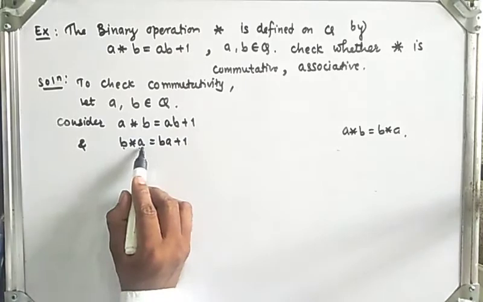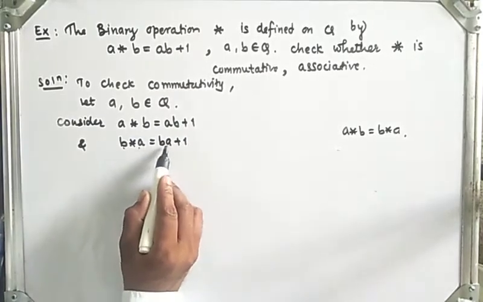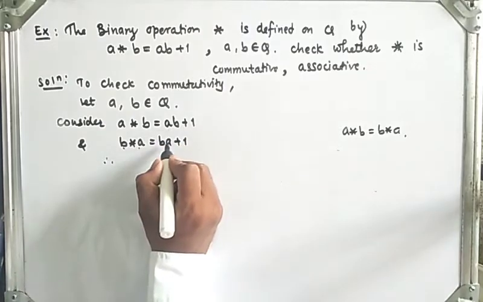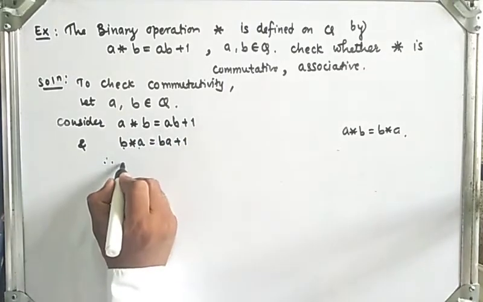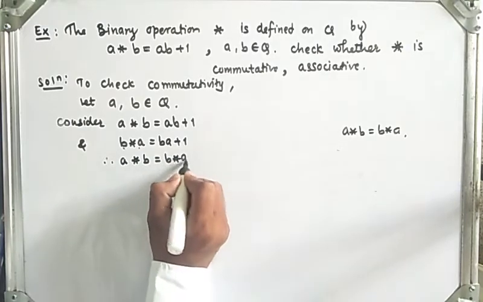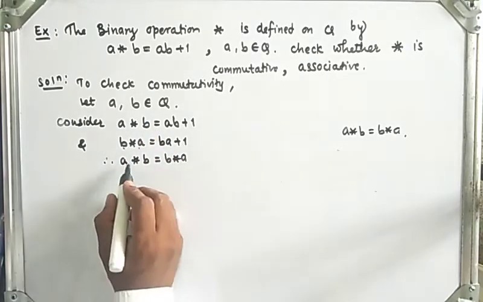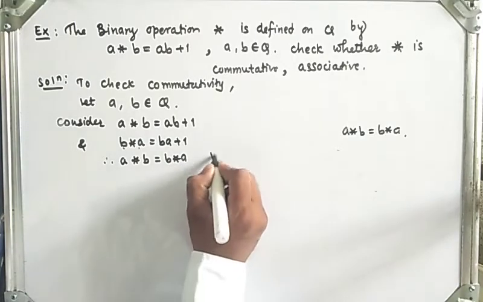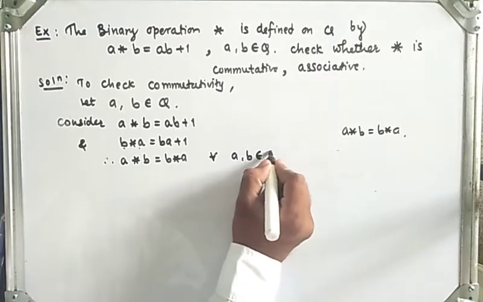And B star A is the multiplication of these two numbers, so B into A plus 1. Therefore B into A and A into B will be the same. So what do we say? A star B is equal to B star A. Both the values are the same, means A star B is the same as B star A for all A, B belongs to Q.